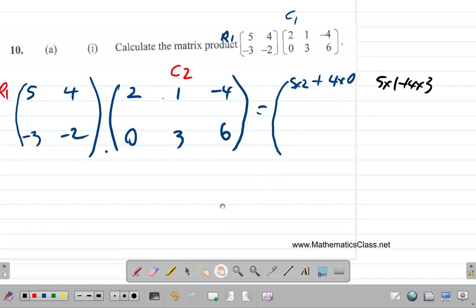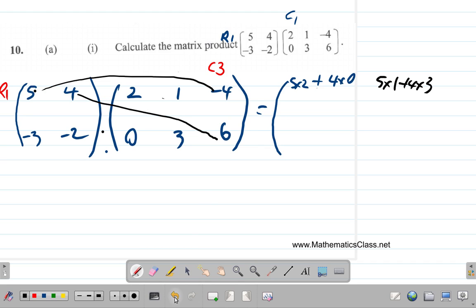So, the next one, row 1 by column 3. Call that C3, column 3. First by first, 5 by negative 4, plus second by second, 4 by 6. First in row 1 times first in column 3, plus second in row 1 times second in column 3.